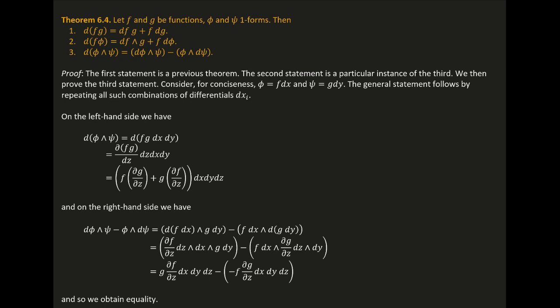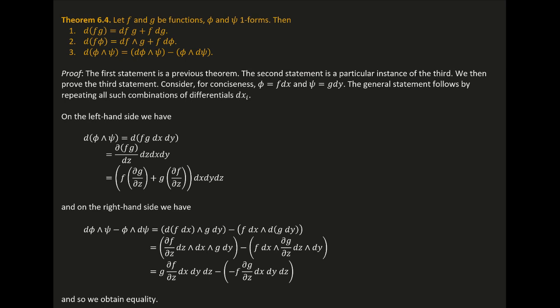The exterior derivative of the one form f phi obeys this new product rule, which is written under the second bullet. And thirdly, the exterior derivative of a wedge product gives this product rule, which has a negative sign.